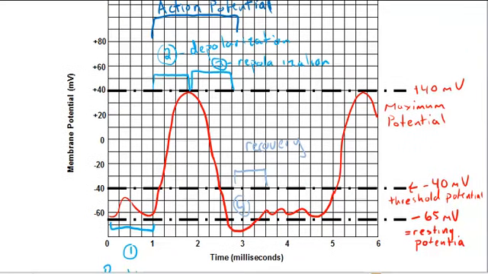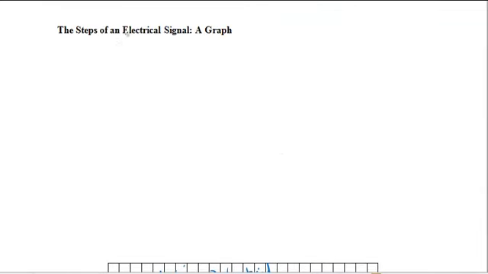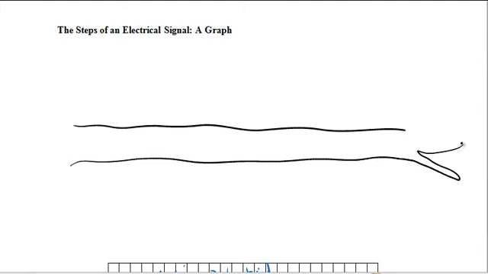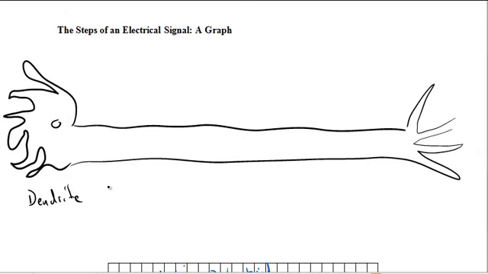And what's happening along a neuron, if we look at this, I'm not going to repeat what the steps are, because we've talked about it on the previous page, but if you look along a neuron, dendrite down to axon terminal.